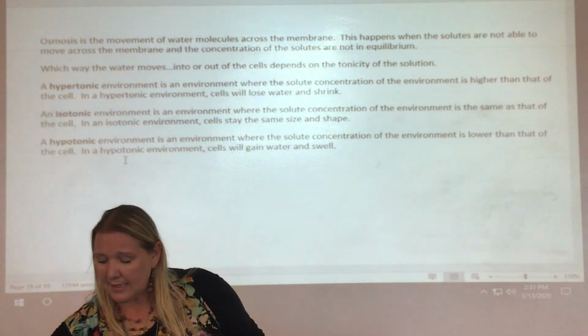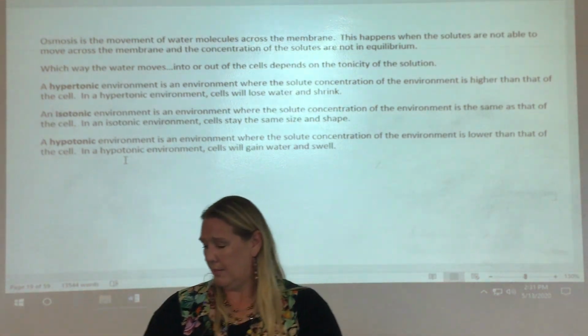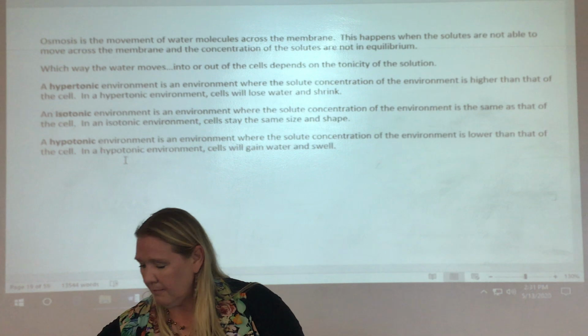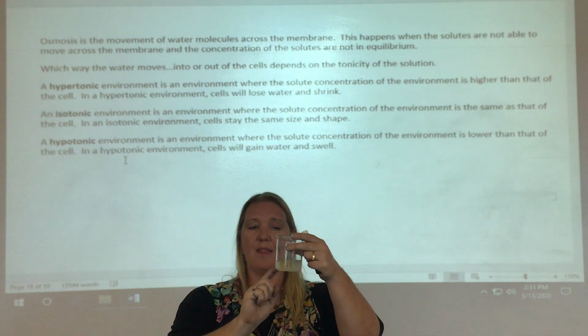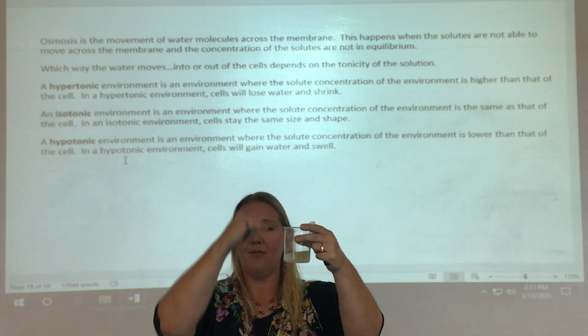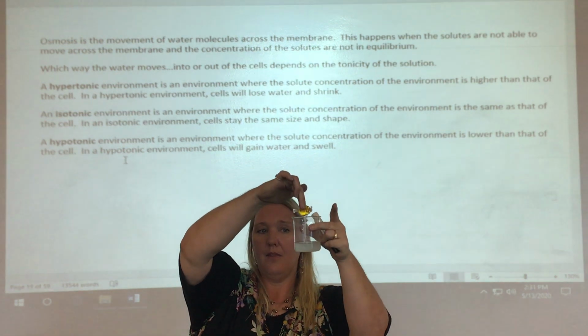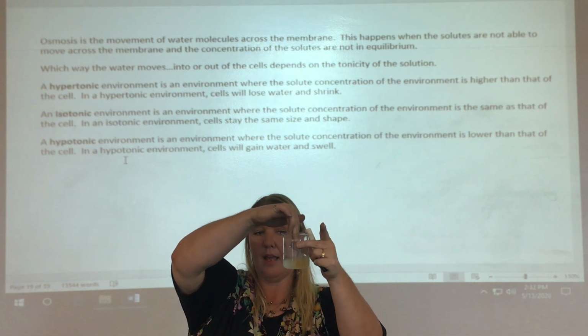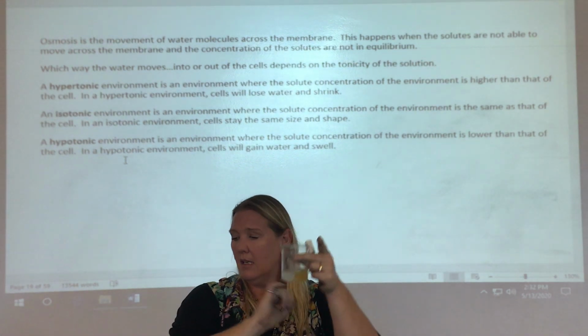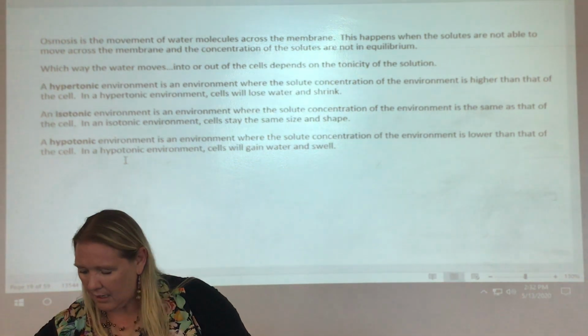When I say solution outside of that cell, let me get one that you can see. When I talk about the solution, the white liquid outside of this cell, if we said this was the cell, this solution in the beaker, what is the tonicity? What is that environment like?